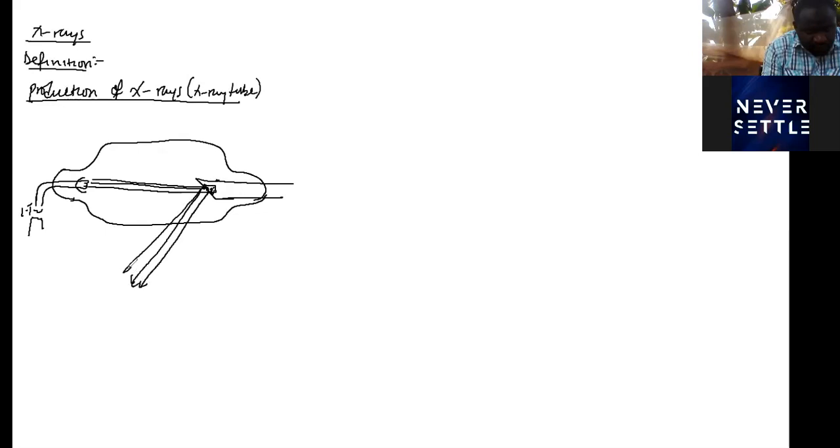Then what we produce is X-rays. We have lead shells, which we use as protective measures for the person operating the what? Then we have an extra high tension that is connected between the anode and the cathode.